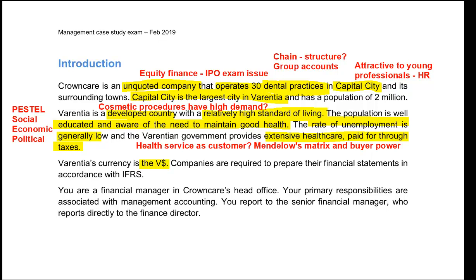But I'll get back to the point of evaluation in just a moment. On top of this, companies in Varentia are required to prepare their financial statements in accordance with the IFRS. Now, this is very relevant again to foreign expansion. This makes it easier because typically most countries have this standard, the IFRS.